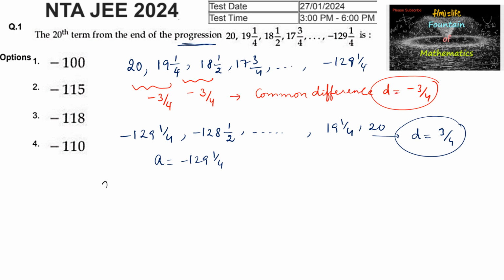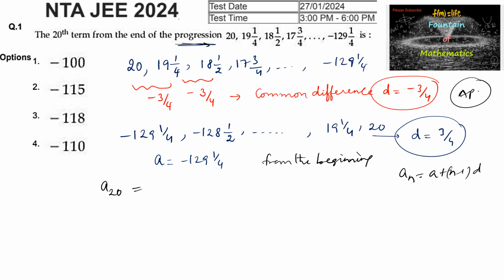Now the 20th term from the end of this progression is the 20th term from the beginning, and from the beginning we need to find the 20th term. The nth term is a plus (n minus 1) into d, since it is an arithmetic progression.